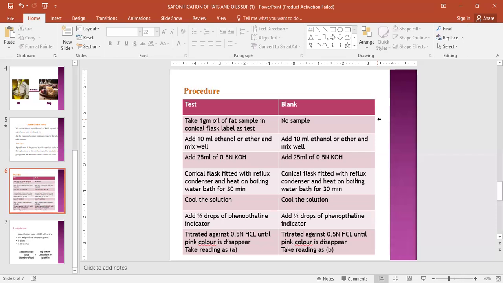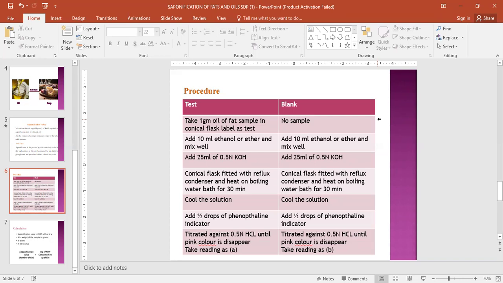So we know the excess of the KOH present in the test sample by knowing how many ml of 0.5 normal HCl is required to neutralize that excess of the KOH.